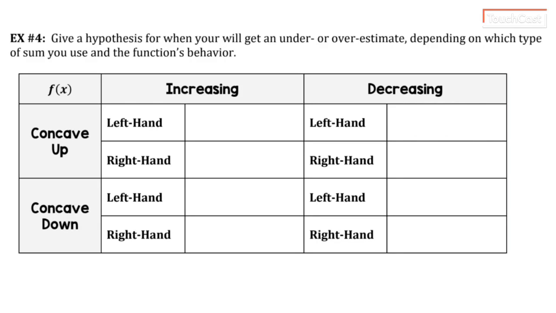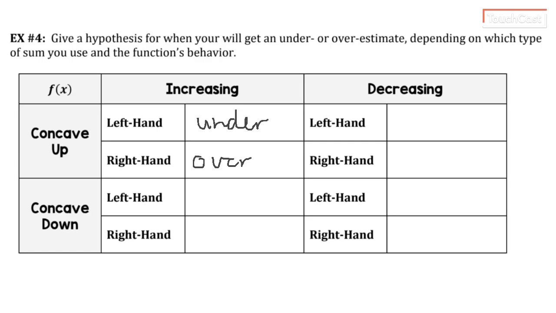If it's a left-hand sum, we are going to be underestimating in that case. If it's a right-hand sum, we're going to overestimate. So we'll never be able to say under and under or over and over. In all of these cases, we're going to have an under and an over.